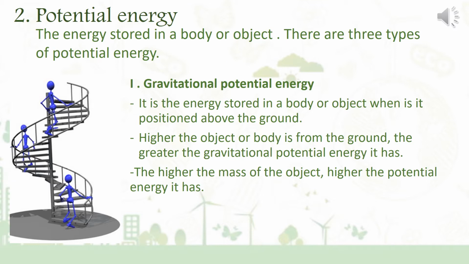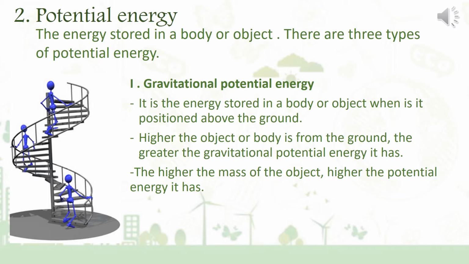And if we release the potential energy stored in the object of 2 kilogram and the object of 4 kilogram, if we compare, you can see the object with 4 kilogram will contain more potential energy than the object of 2 kilogram.